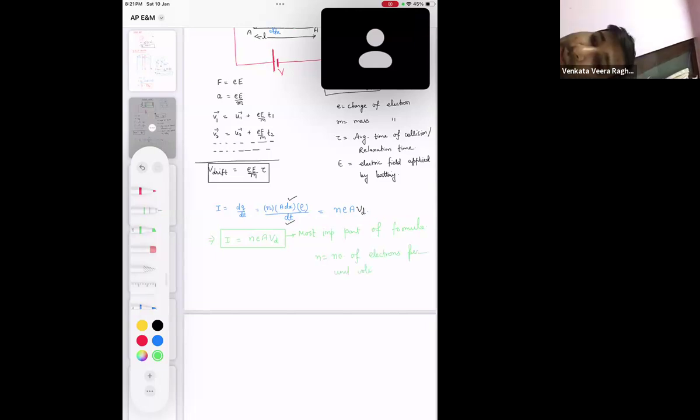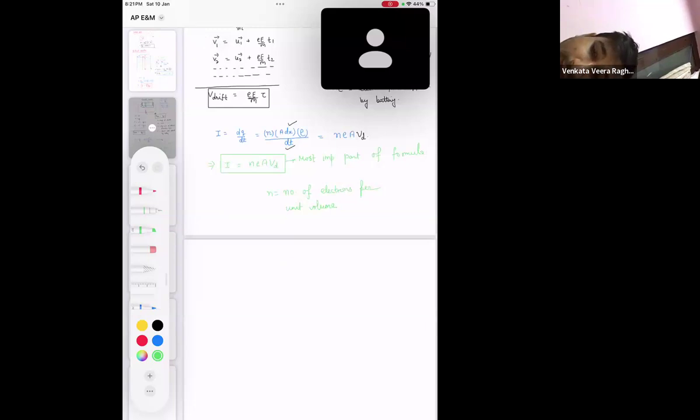It is also called the electron density, or carrier concentration, or electron concentration. These are the words they will use in the question. So I is nEA into vd. Clear?